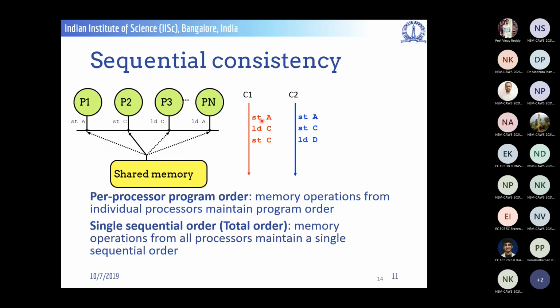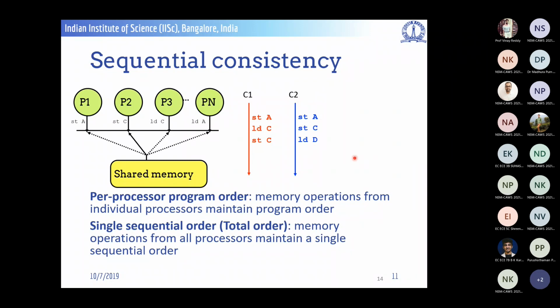So let us assume that this is a set of stores and loads coming from thread T1 that is running on core C1, and there is another set of load stores from the same application, but a different thread, running on core C2.